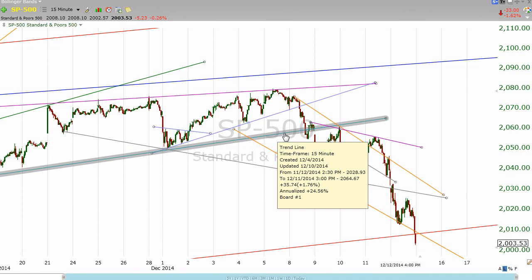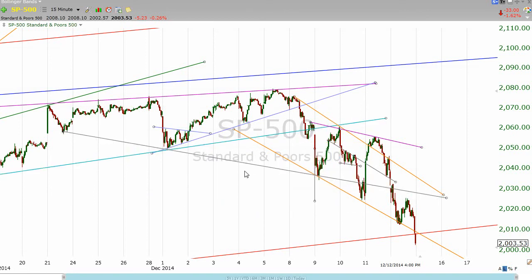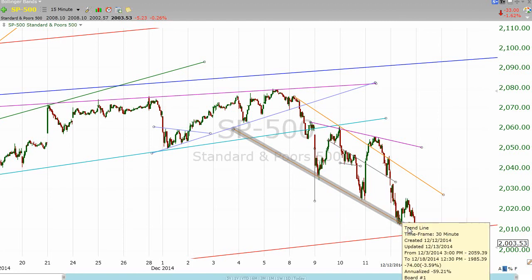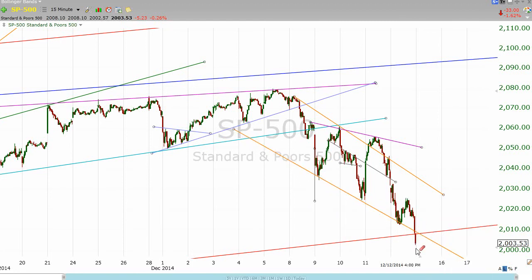Because I think this was our support line right here for our little topping pattern. And here you can clearly see that the most obvious set of support lines are defined here and here and here, and yet we broke down underneath this descending line. And folks, this descending line is coming down at a pretty good clip.